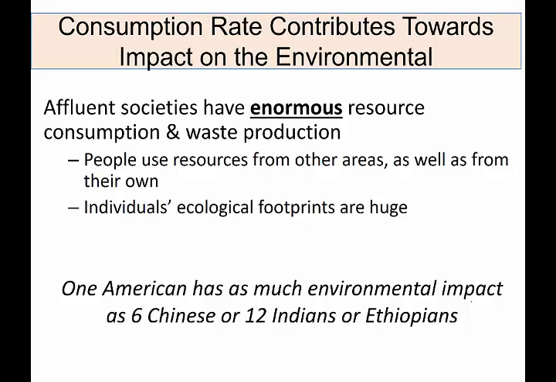In addition, the wealth gap and population growth contributes to violence and conflict. So one American, and Americans are people that are very affluent in general, has as much environmental impact as 6 Chinese or 12 Indians or Ethiopians. And that is showing you, again, the impact of affluence and consumption rate on the environment.